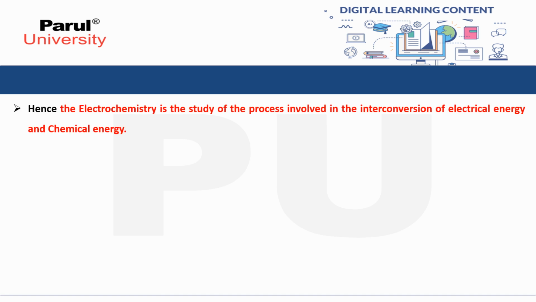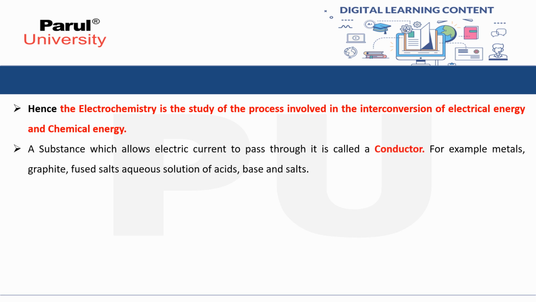Hence, electrochemistry is the study of processes involved in the interconversion of electrical energy and chemical energy. That means electrical energy converted to chemical energy, and chemical energy converted to electrical energy.